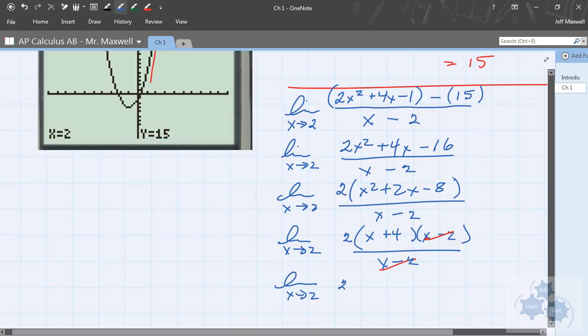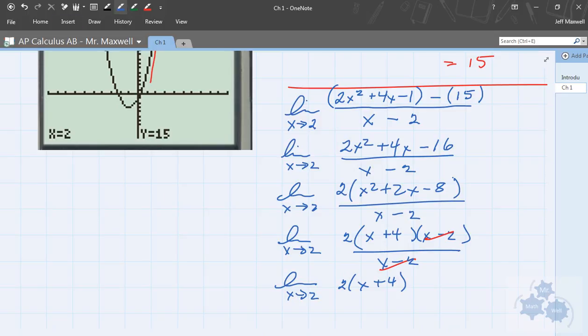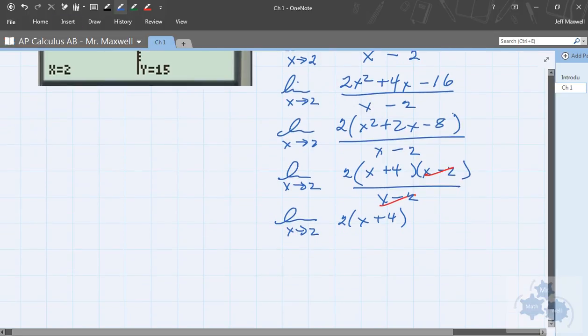actually simplifies to this, 2 times x plus 4. And now, while you're doing this, you can plug in your x equals 2 in here, and now you can drop the limit, okay? So this is important. Once we've simplified, divided out any factors, remember that when this factor is divided out, the graph actually looks just like this.